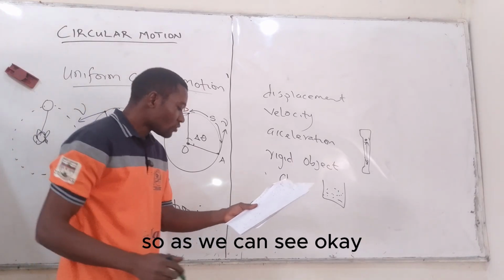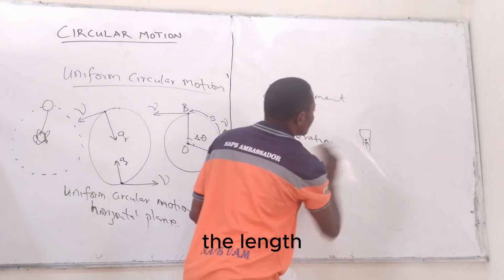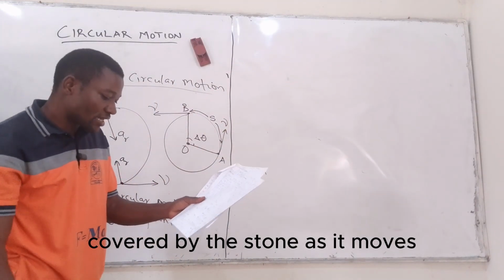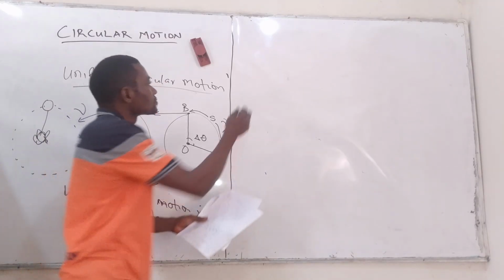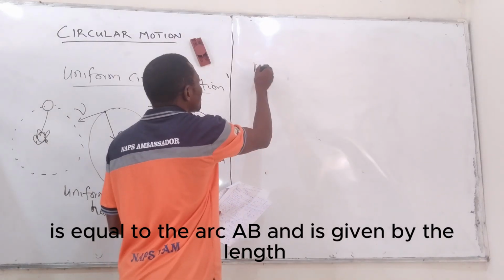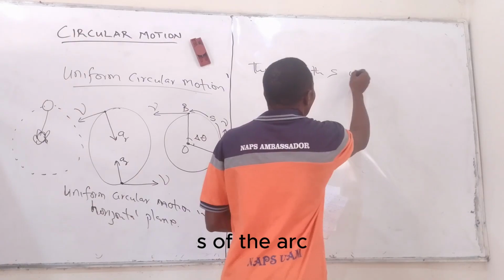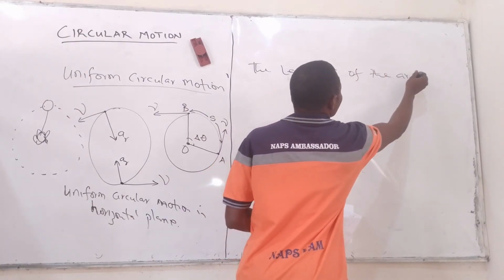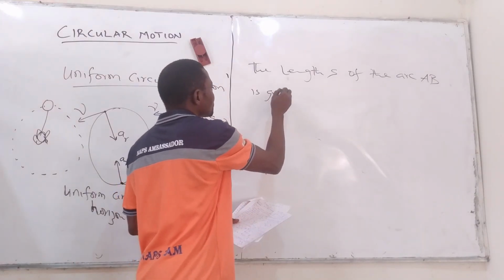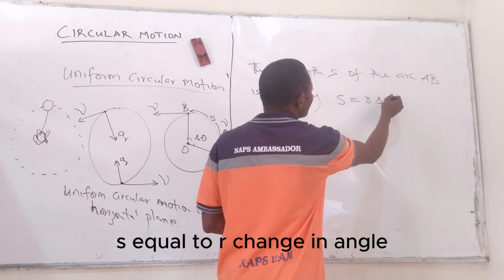As we can see, the length covered by the stone as it moves is equal to the arc AB, and the length S of the arc AB is given by S equal to R times the change in angle.